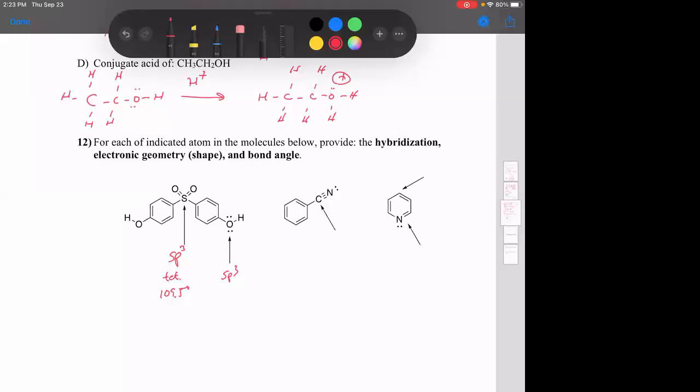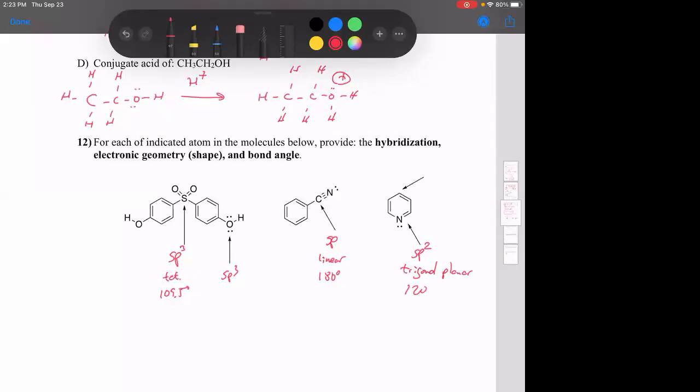Then the carbon over here on the middle molecule is attached to two things, so that's sp, which makes it linear, 180 degrees. The nitrogen on the rightmost molecule is attached to a carbon and a lone pair, so that would make it three things. So it is sp2, which is trigonal planar and 120 degrees.